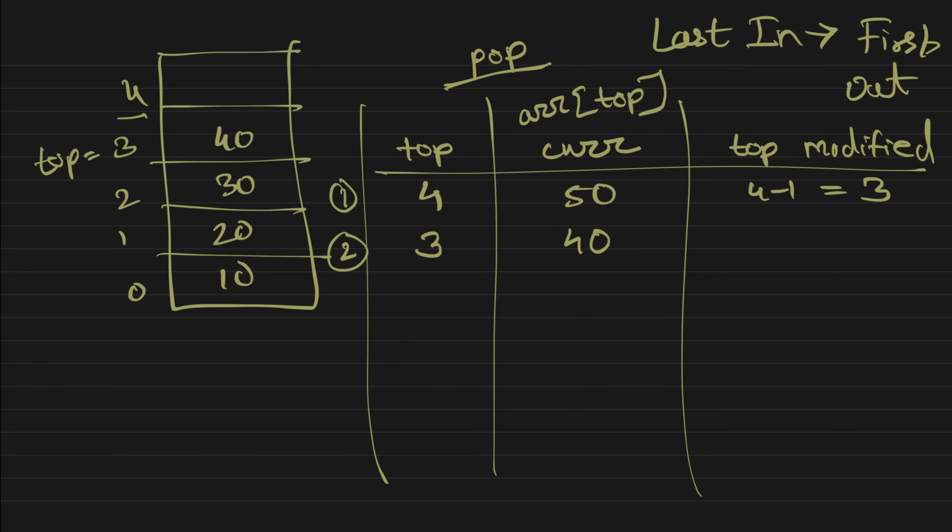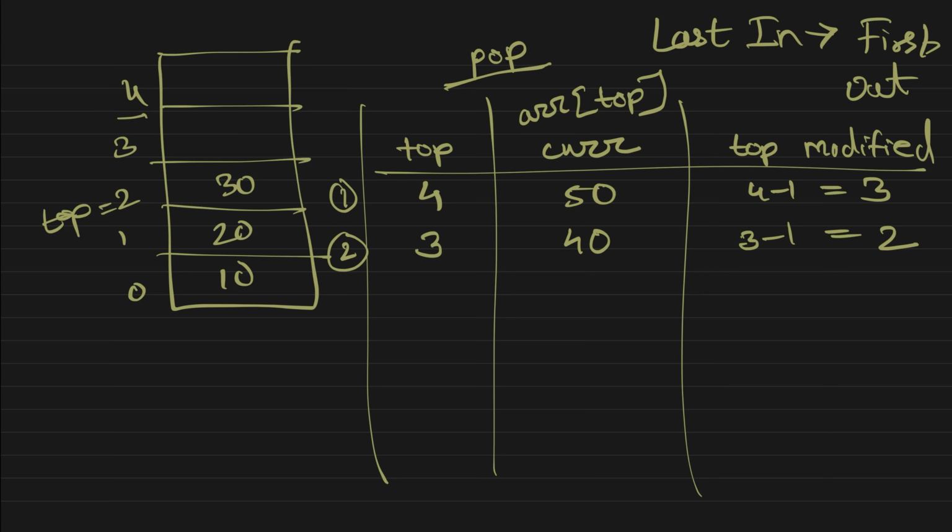The modified value of top would be 3 minus 1, which is 2. So this 40 would go from here, and this top would become equal to 2.